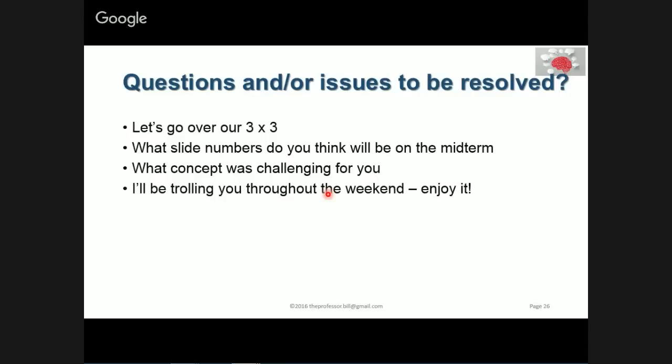I don't want to talk about the ones that you found most interesting, but I do want to know which ones you thought were going to be more challenging for you if you are studying and not hanging out at McDonald's this weekend. Anyone want to share? Or how about we do this? Which pages do you think will be on your midterm for sure? Yes? So the diagram related to health status?